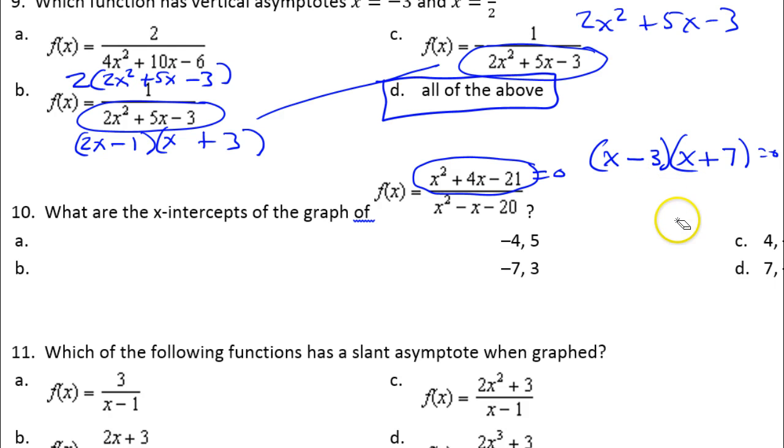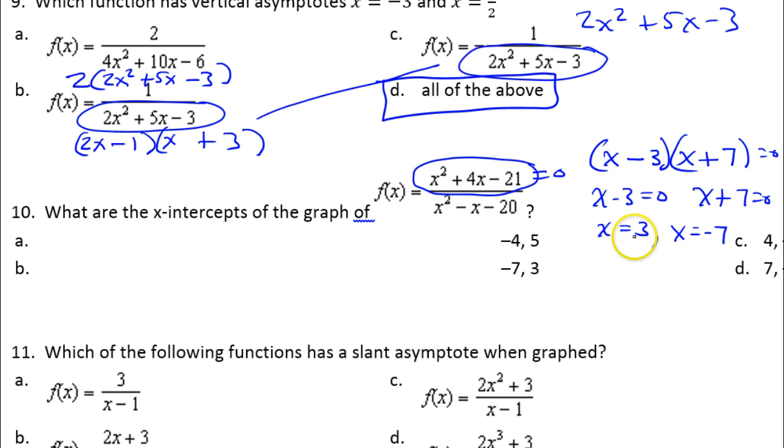So this is how you factor it. But to go ahead and get the x-intercepts, I need to solve this equation by setting each of the factors equal to 0. So that's going to give me x equals positive 3, because I have to add 3 to both sides, and x equals negative 7, because I have to subtract 7 from both sides.